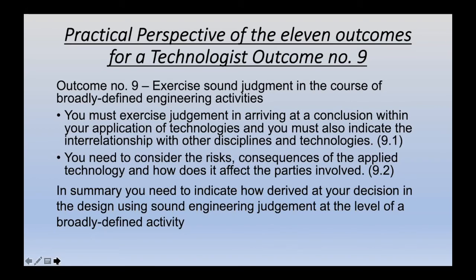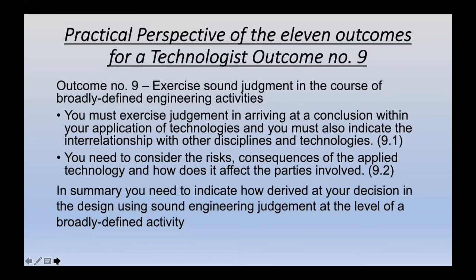So if you're doing civil, did you work with electrical or mechanical people, and what was the interrelationship with them? You need to consider the risks and consequences of the applied technology and how it affects the parties involved.